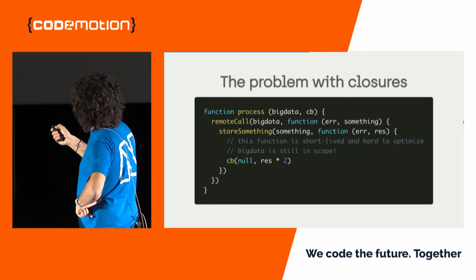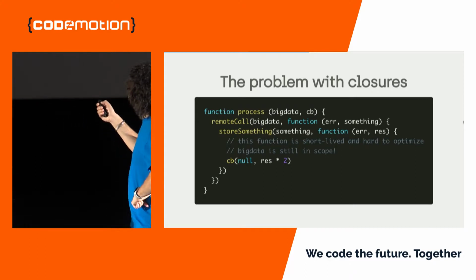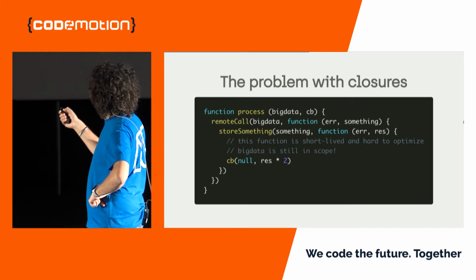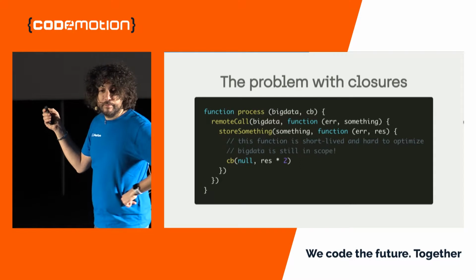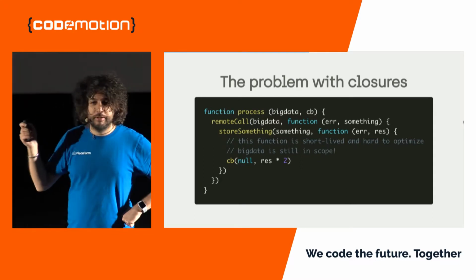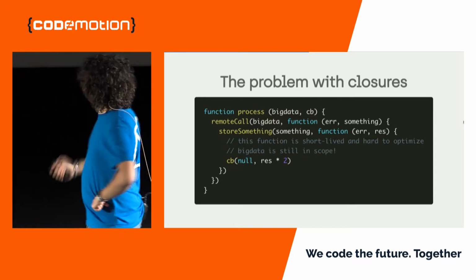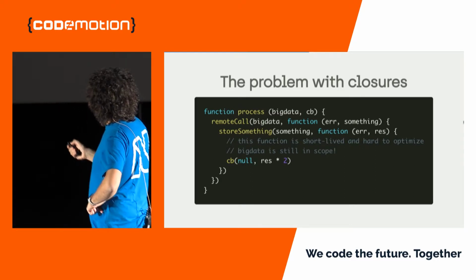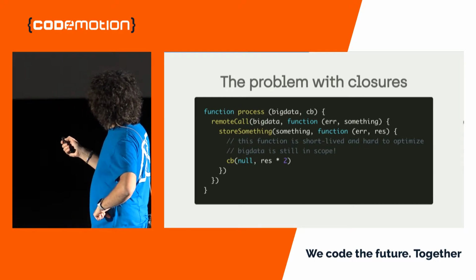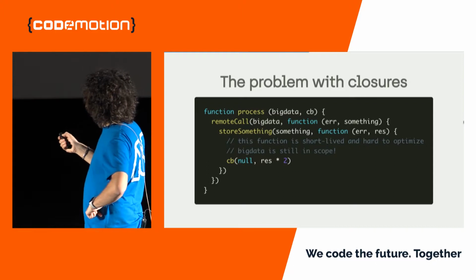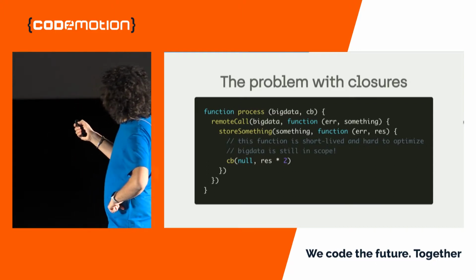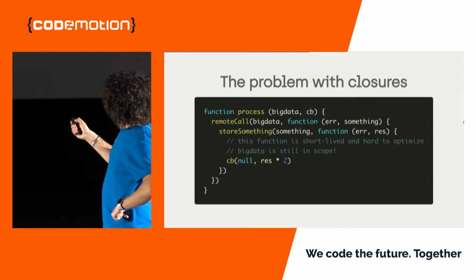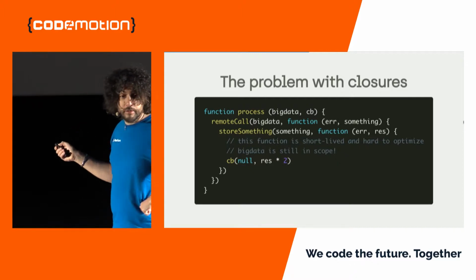Note that in this type of thing, you create a closure here, okay? You create some closures. And this big data object is a very, very big object. Now, the big problem is that this big data that I'm using just to call here is in fact being kept alive until this thing has finished.